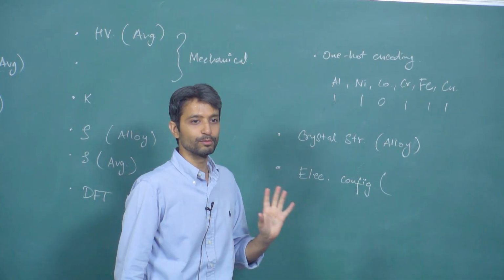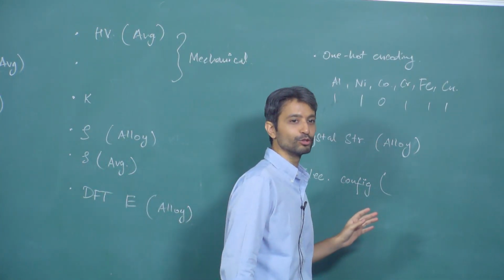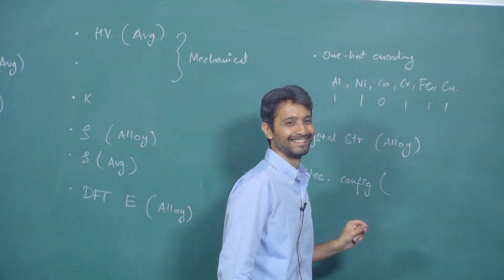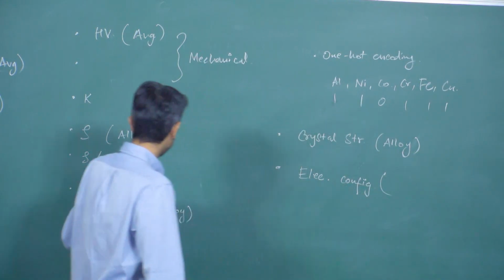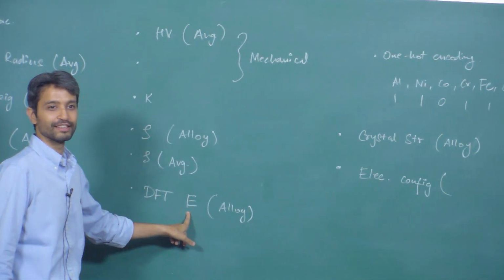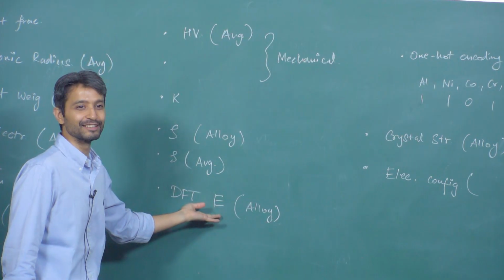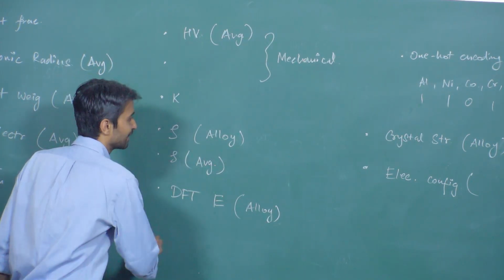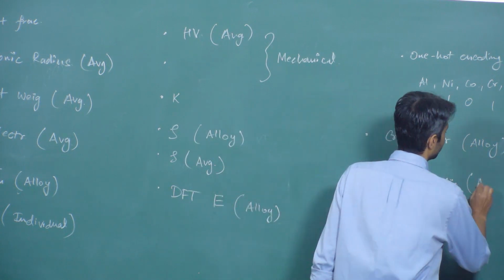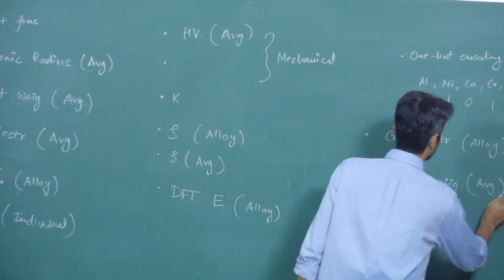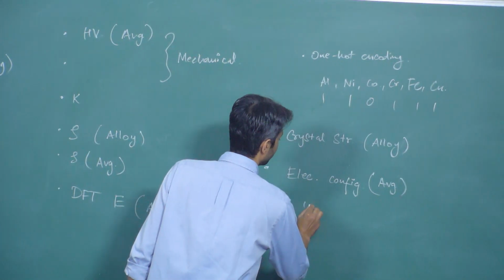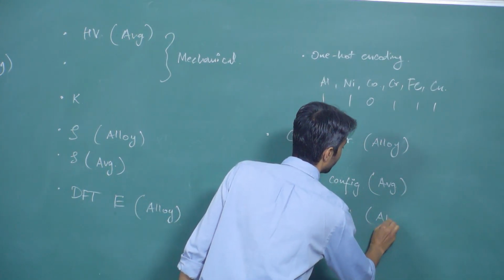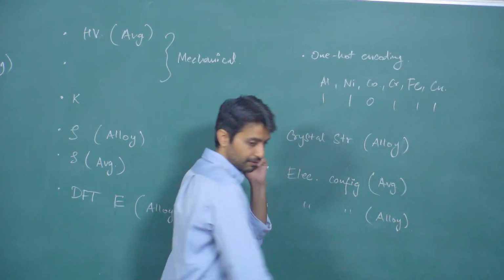Both are possible, but which one do you want? They have already gone at the alloy case and looked. You have already done this and you have the electronic configuration. So I will put one as the average over elements, and then the same thing at the alloy level.